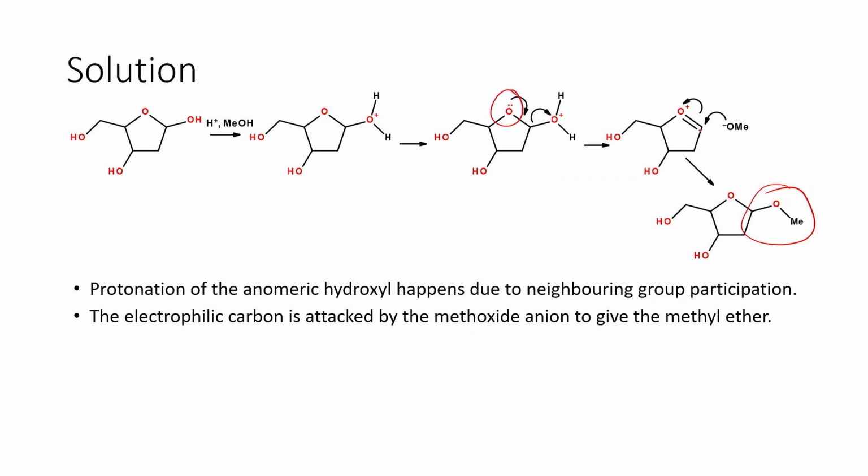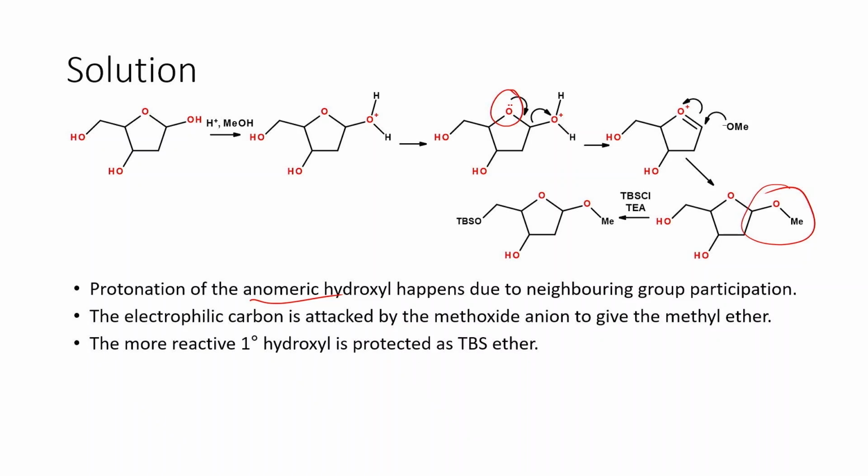This carbocation can be easily stabilized by the presence of the neighboring oxygen. So this is the driving force for this particular reaction, and that leads to the formation of our ether. If you look at carbohydrate chemistry, this anomeric hydroxyl is highly activated because of the presence of the neighboring oxygen unit, and the same thing happens here also.